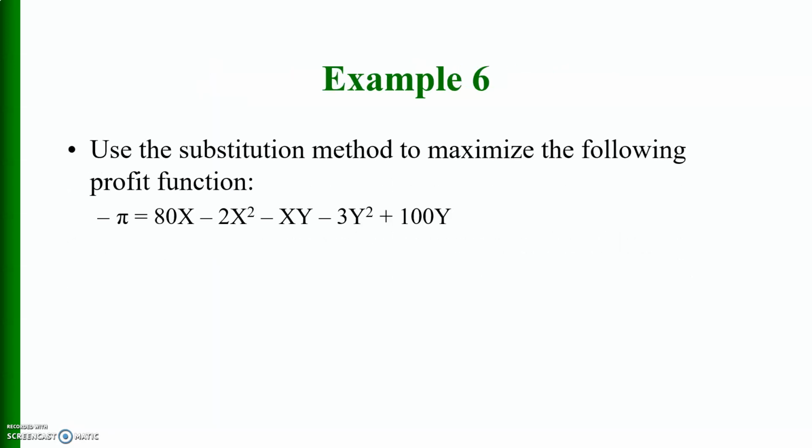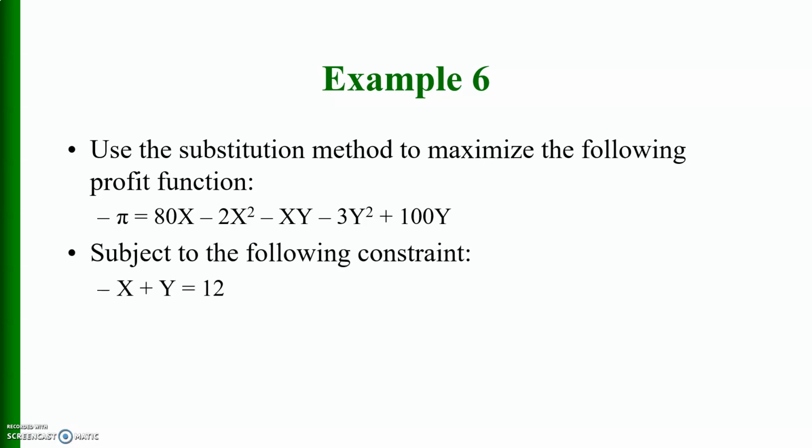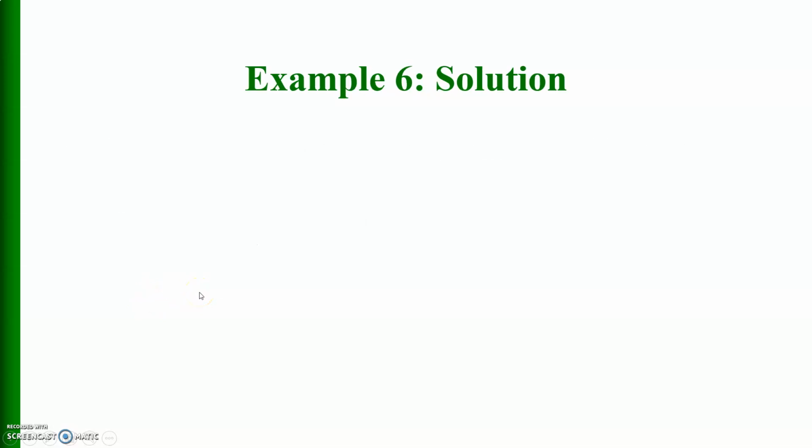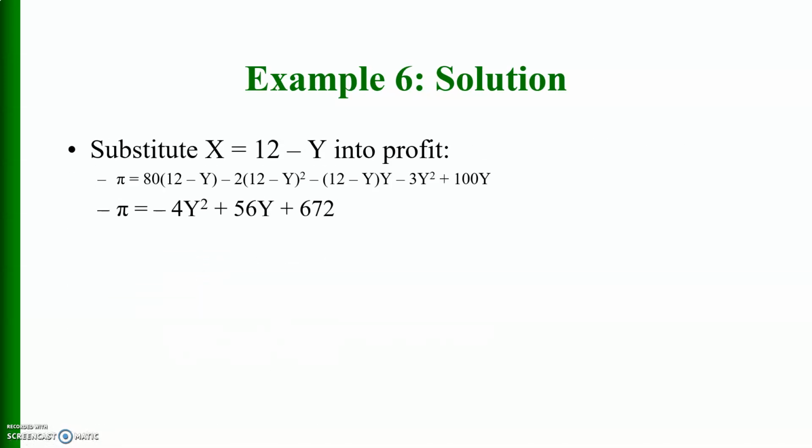Example number 6, use the substitution method to maximize the following profit function. So we maximize this profit subject to this constraint, and then we have example number 6, solution. We substitute x is equal to 12 minus y into profit function.